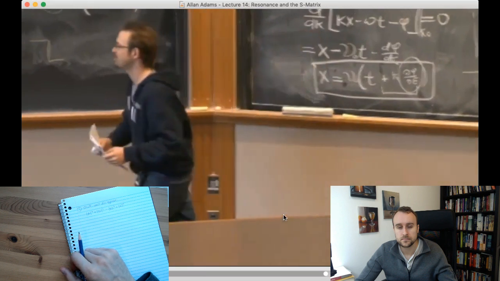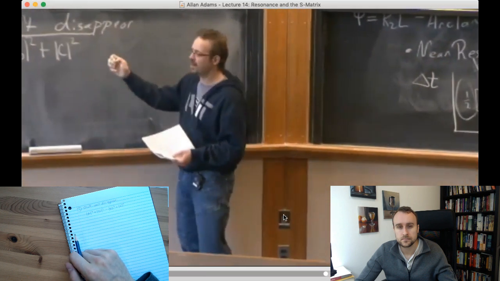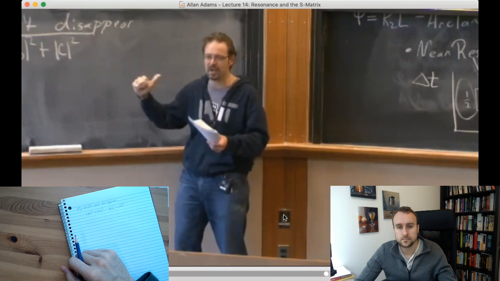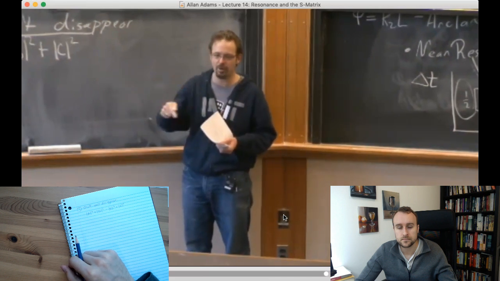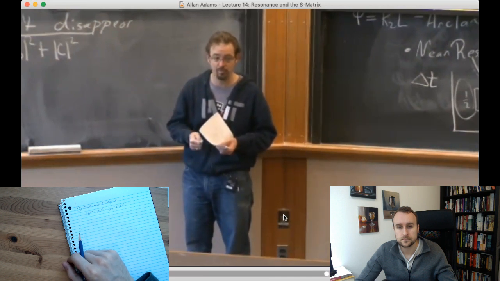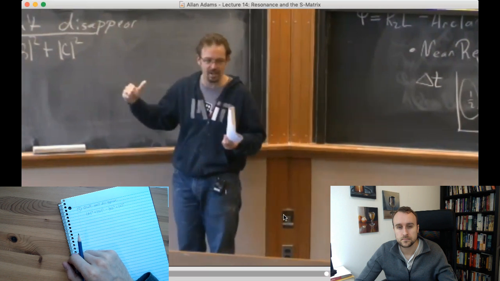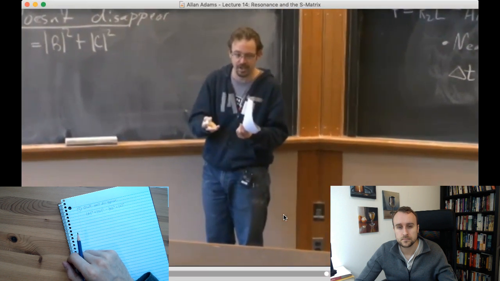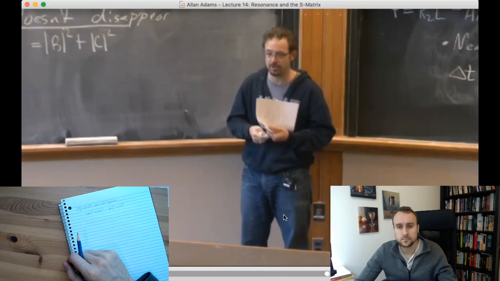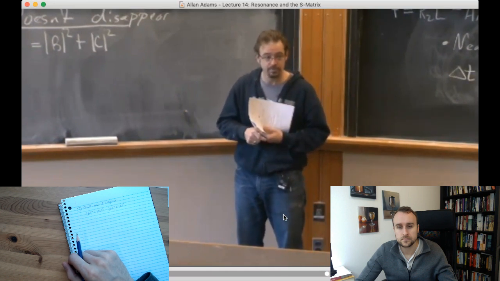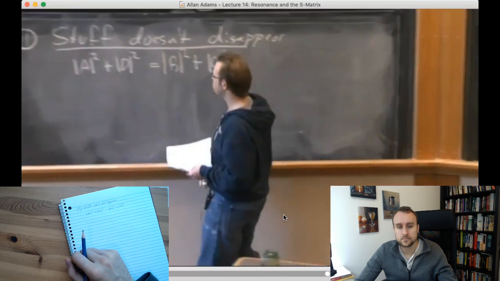Let me just stick with the first statement: if stuff is going in, then it has to also be coming out, by the fact that this is an energy eigenstate. The overall probability distribution is not changing in time. If stuff went in and it didn't come out, that would mean the probability density is changing in time. That's not what happens in an energy eigenstate. Everyone got that? Okay.